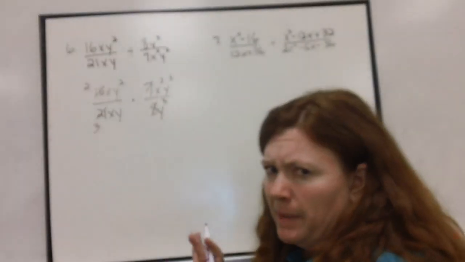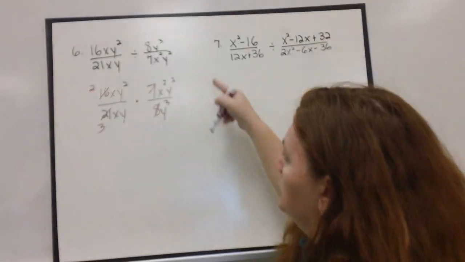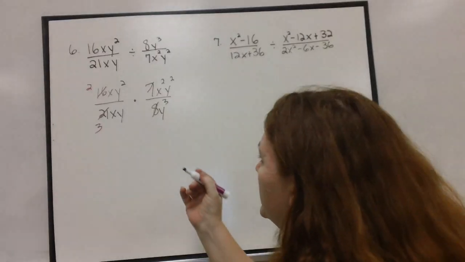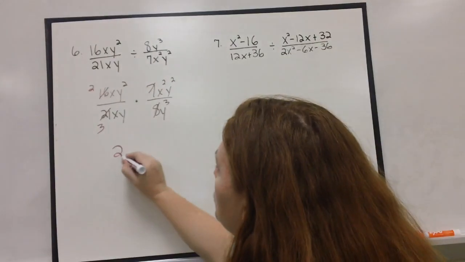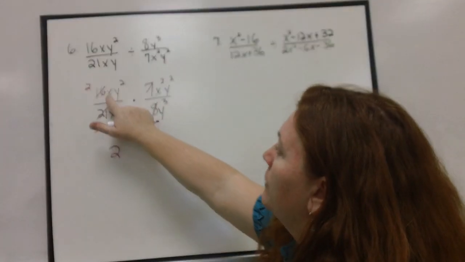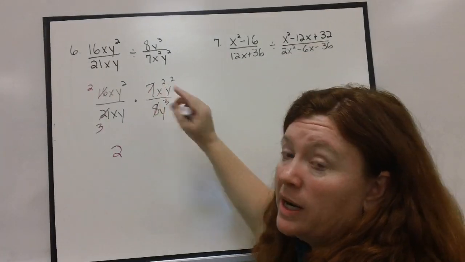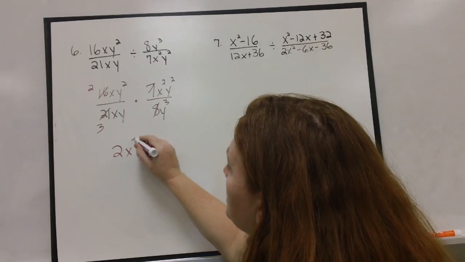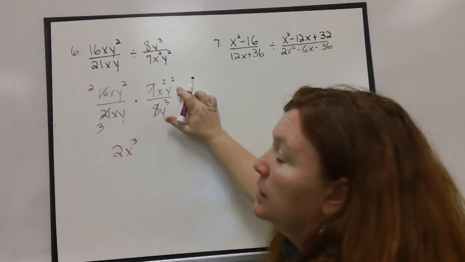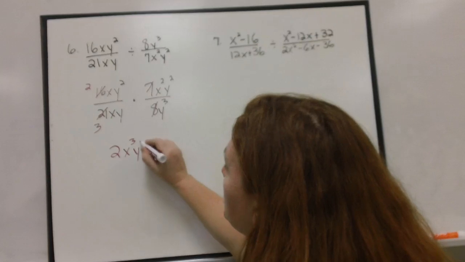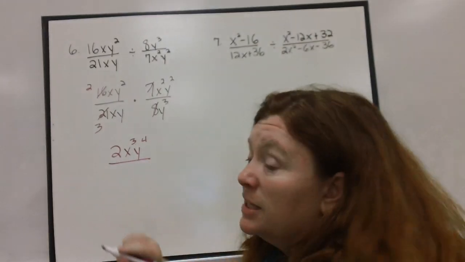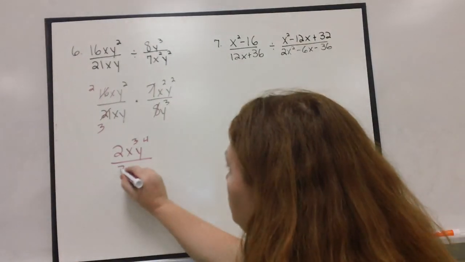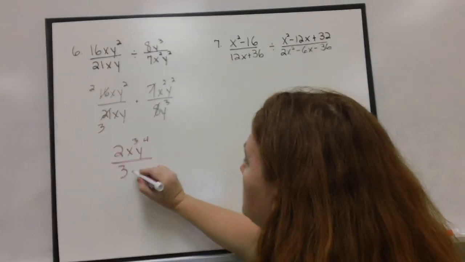Now, when you get a mess like this, you could start canceling, or it might even be easier to do this. Let's just multiply straight across. I have an x and an x squared, which gives me an x cubed. I have a y squared and a y squared, which is a y to the 4th. In the denominator, I have a 3. I have an x.